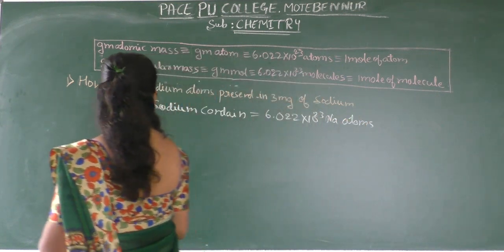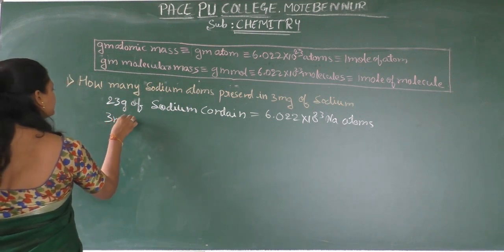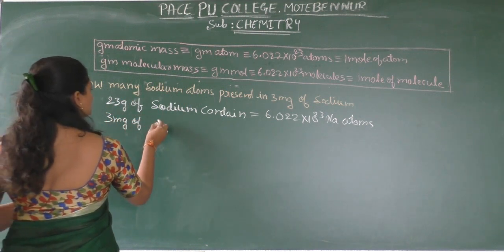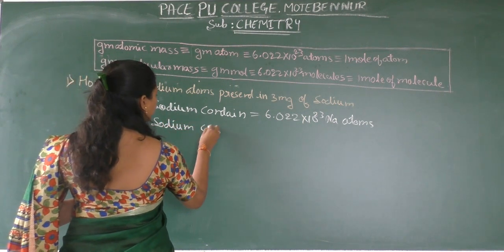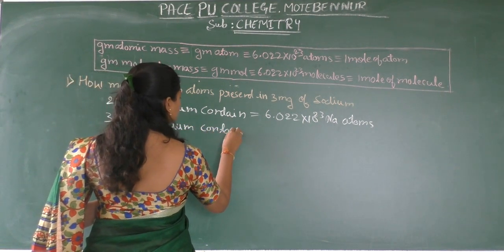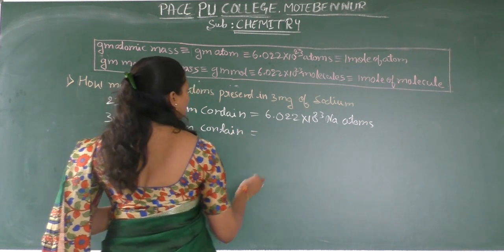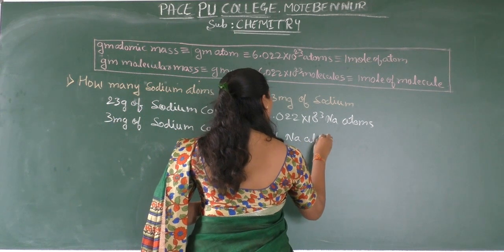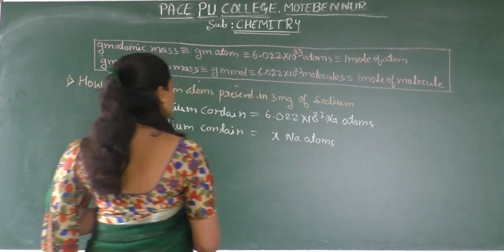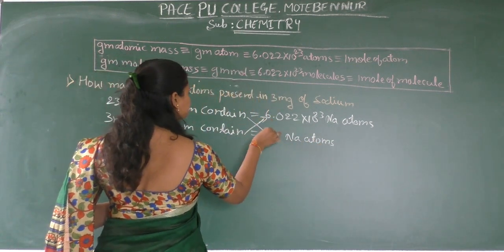Then 3 milligrams of sodium contain X number of sodium atoms. Okay, so here cross multiply this one.